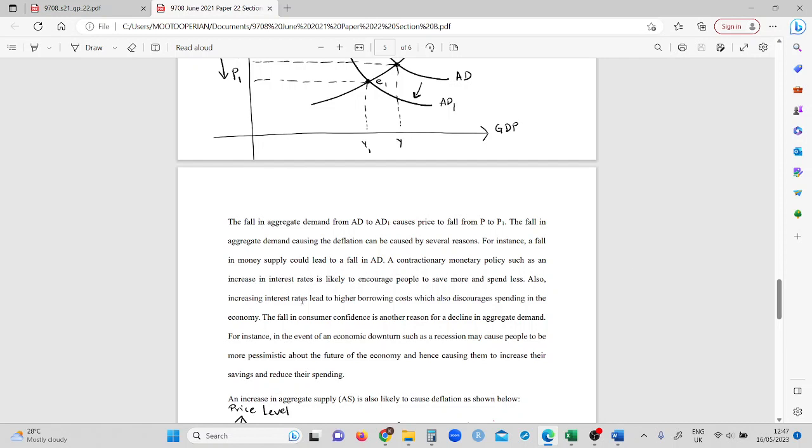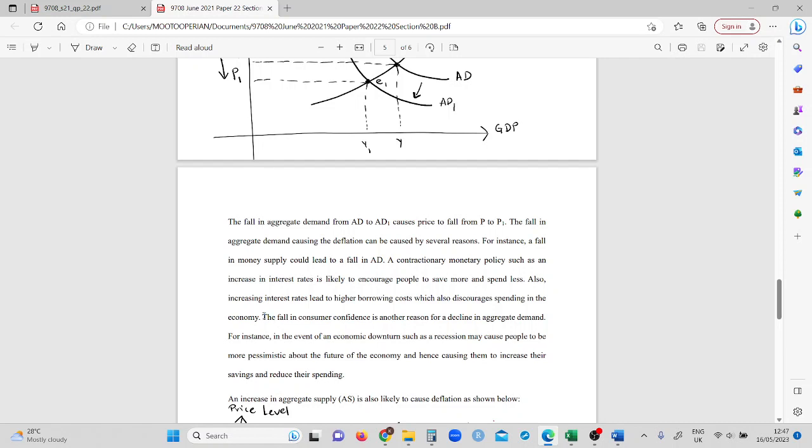Also, increasing interest rates lead to higher borrowing costs, which also discourages spending in the economy. So this could be one reason why people would not want to spend and would rather prefer to save. This has an impact on aggregate demand. This will cause aggregate demand to fall. This is one of the reasons why aggregate demand can fall.